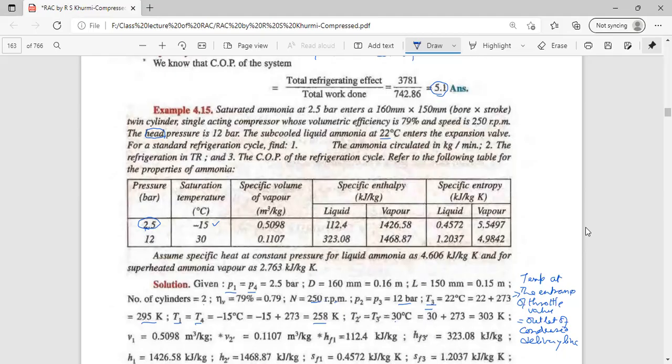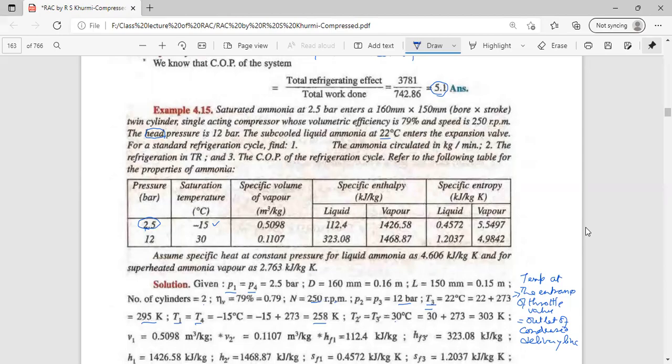V1 is the volume at the entrance of the compressor, and V2 dash is the volume at the exit of the compressor, at the point of entering into the condenser itself.